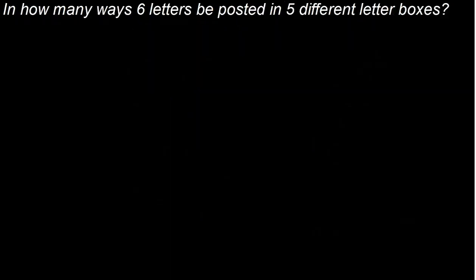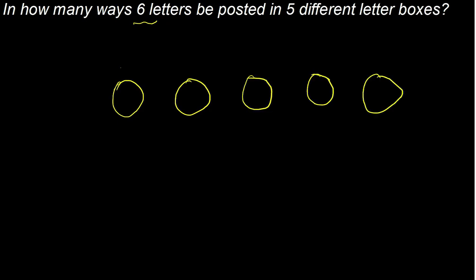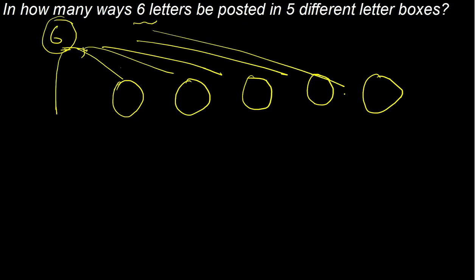In how many ways can 6 letters be posted in 5 letter boxes? So let's say these are the 5 letter boxes and these are the 6 letters. How many options does the first letter have? 1, 2, 3, 4 and 5. So the first letter has 5 options.